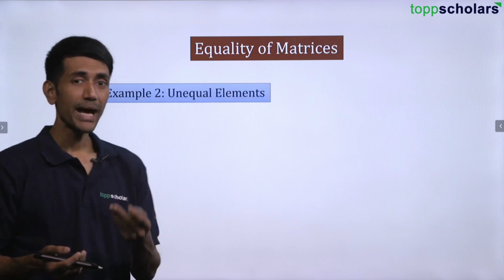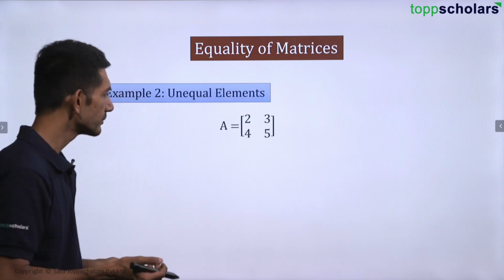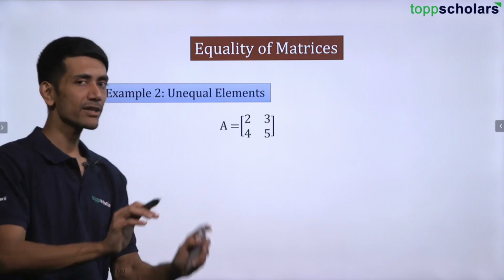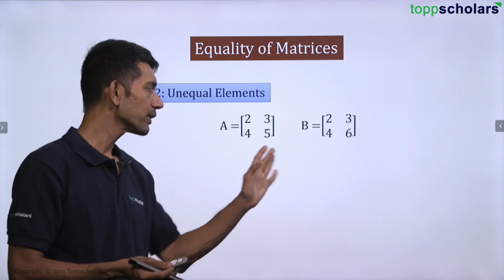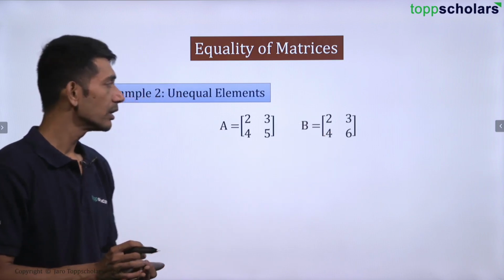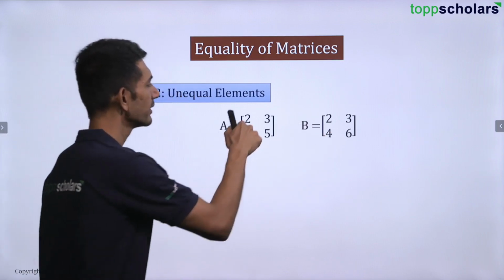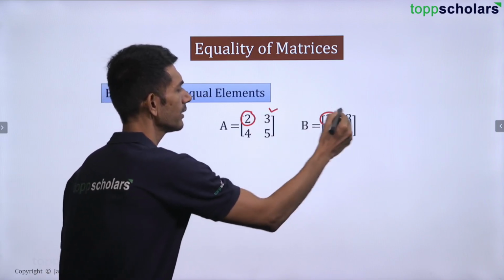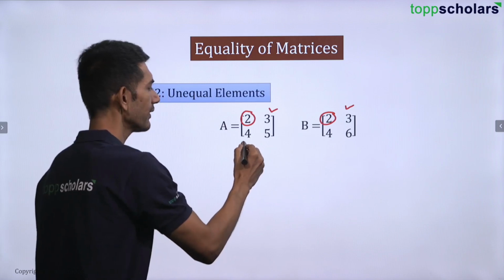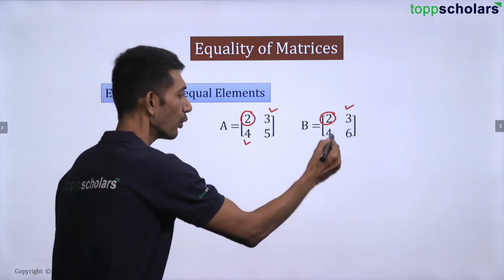Now let us see what happens when we have unequal elements. So here we have A. Suppose the order is same. This is a matrix of order 2 by 2. This is a matrix of order 2 by 2. Now let us check the corresponding elements. Here we have 2. Here we have 2. Okay. Here we have 3. Here we have 3. Okay. Here we have 4. Here we have 4. Okay.